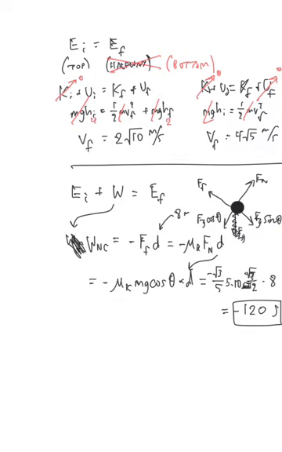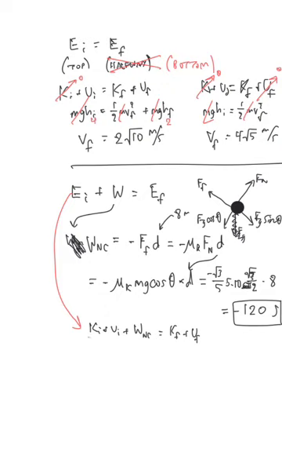So let's go ahead and use this equation, and let's plug in the formulas. So we have the initial energy, Ki plus Ui, plus we now have that work due to non-conservative forces, is equal to Kf plus Uf. We're only concerned about the speed of the box right at the bottom of the ramp.